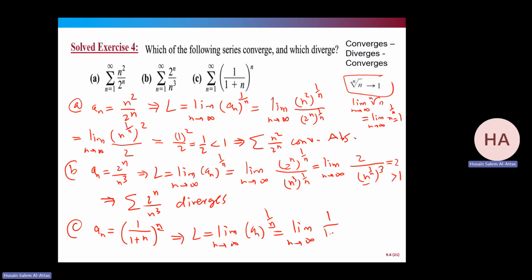We have 1 over (1 plus n), which is 1 over infinity, which is 0, less than 1. So this series converges absolutely. Yeah, 1 over infinity, which is 0.